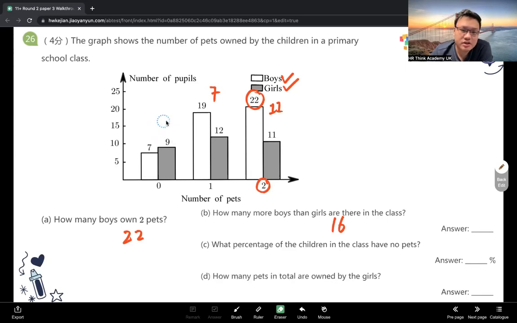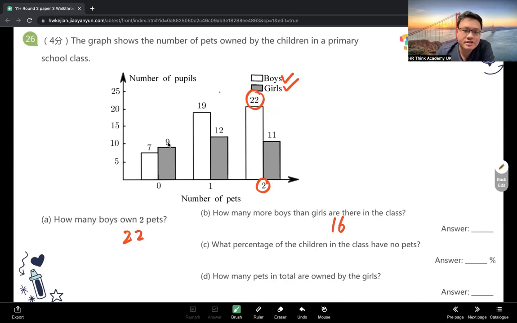And then let's move on to the third one. What percentage of the children in the class have no pets? So how to get that? You need to find what is the total number of all the students, right? So how many students are there? Can anyone tell me how many students in total in this class?